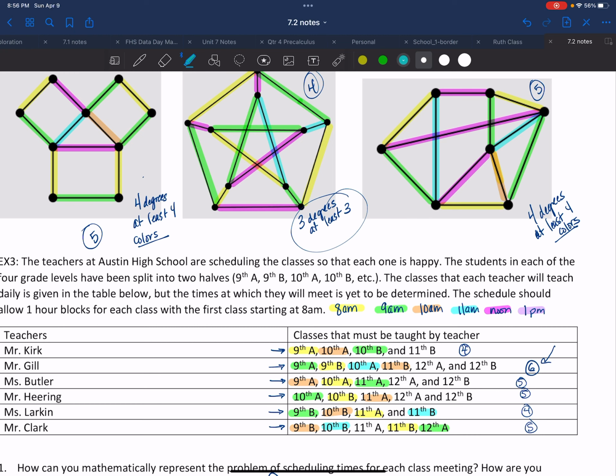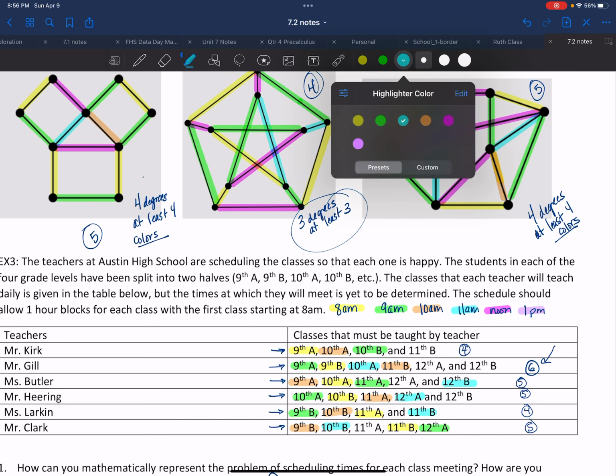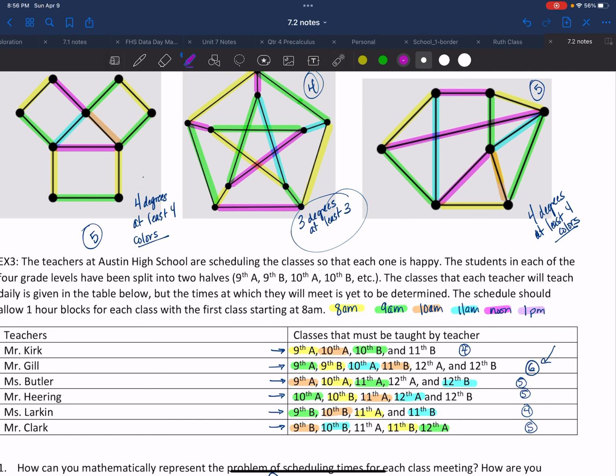I could do 12A and 12B. And then just leave that open. And then do the next color, which is magenta. So I definitely want to get the 11A done and 11B. 12A, 12B.